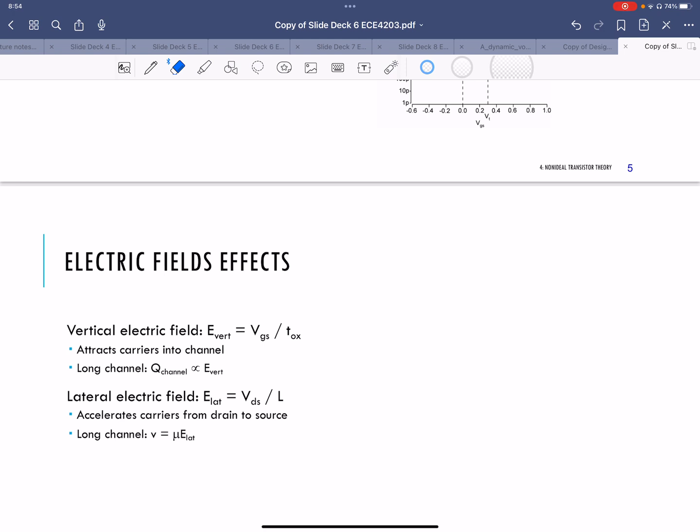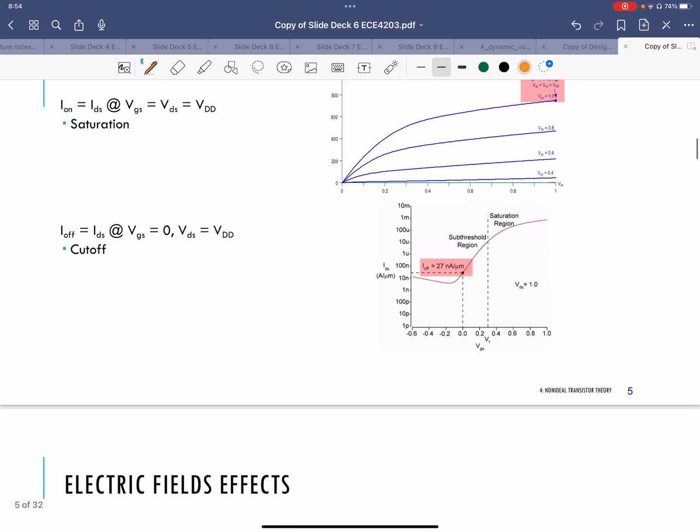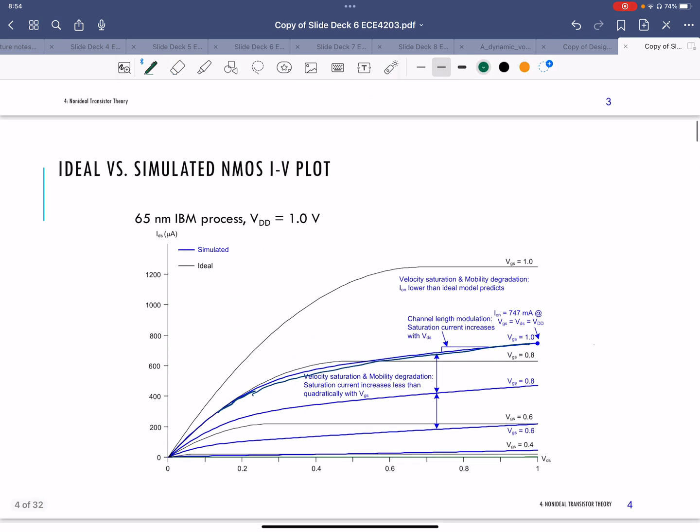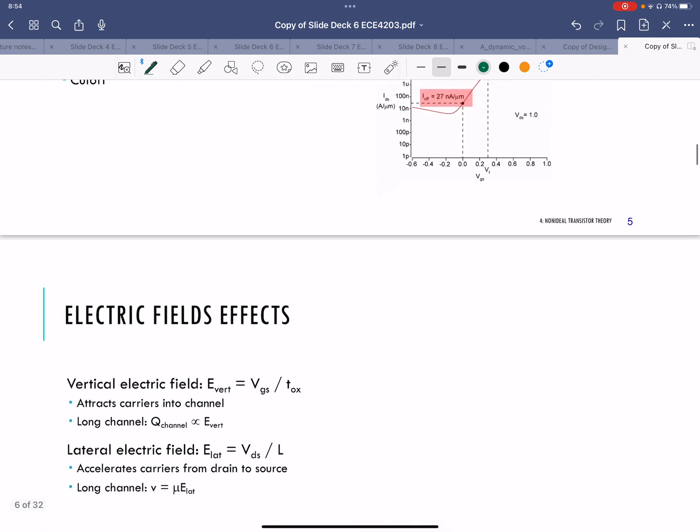Why are those really high in short channel devices? Because let's say the supply voltage here in the case of this IBM process is only 1 volt. We're not talking about 1,000 volts or something.